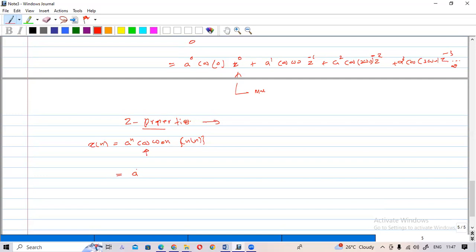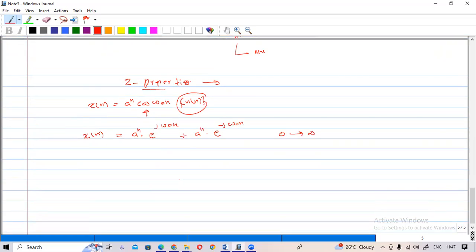So I will have a^n e^(j omega naught n) plus a^n e^(-j omega naught n). So u[n] is there; this sequence is valid from 0 to infinity, that is the idea of this u[n].